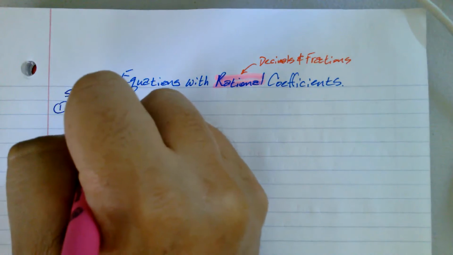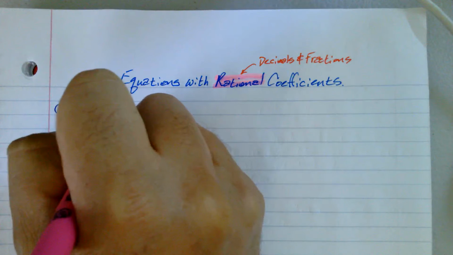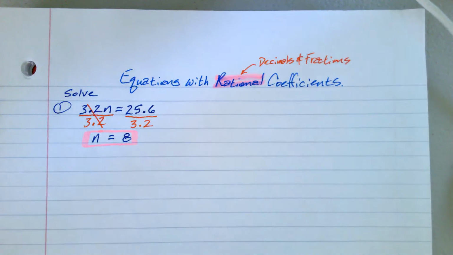Michael, just follow along with us. If you don't have a calculator, you can always type it into Google, and you would do 25.6 slash 3.2, and it would do the division for you there.